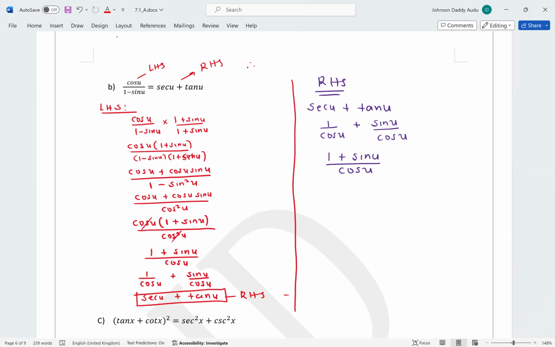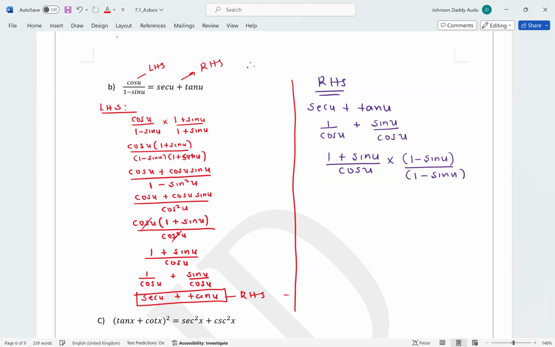If you look at the target, which is the left-hand side, we have cosine u up, and then we have 1 minus sine u down. So what we can do is multiply this by the conjugate, 1 minus sine u, because we want 1 minus sine u downstairs.